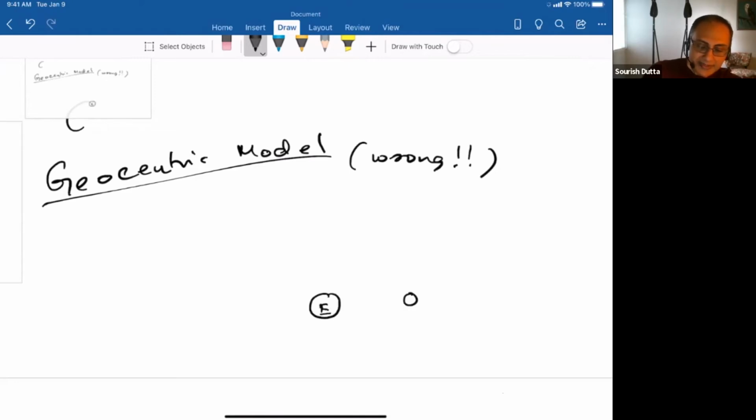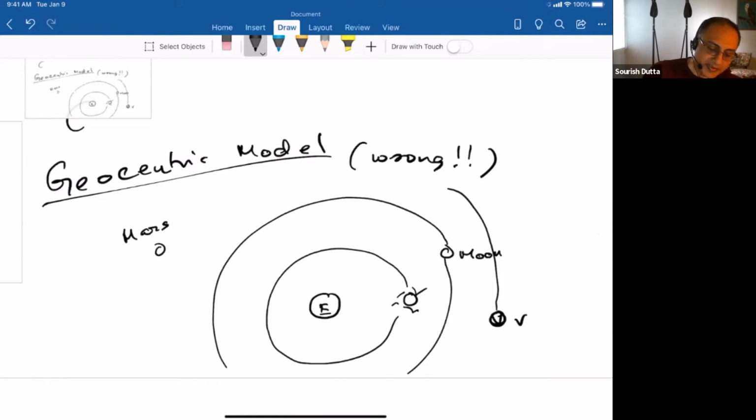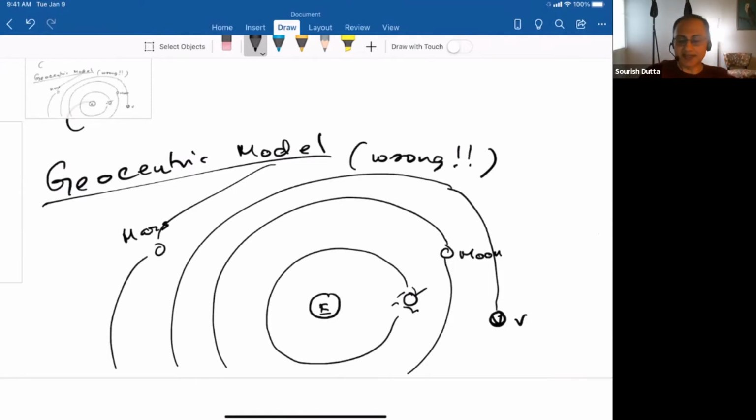And then the sun and the moon and all the planets like Mercury, Venus, Mars. This is moon. So these are all orbiting the Earth in circles. So this is the geocentric model. These lines are just the orbits of these planets.